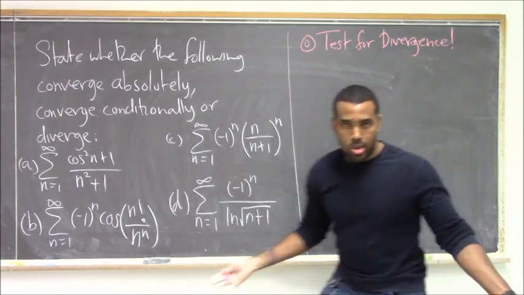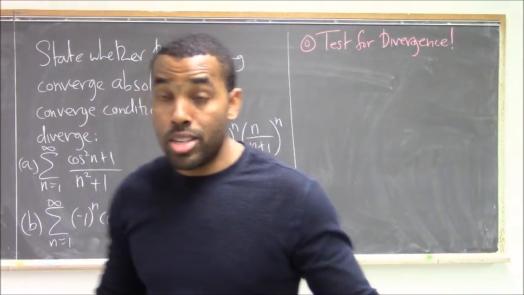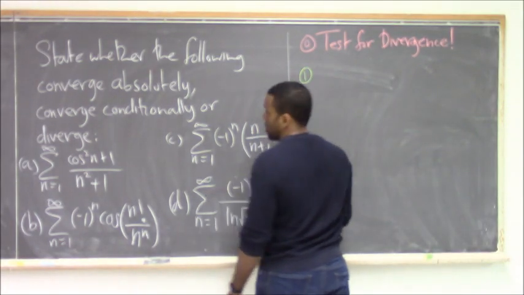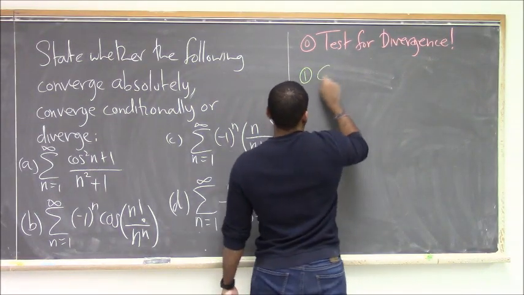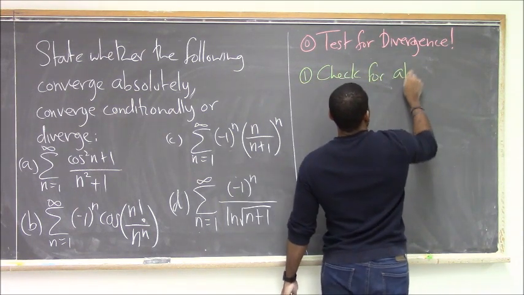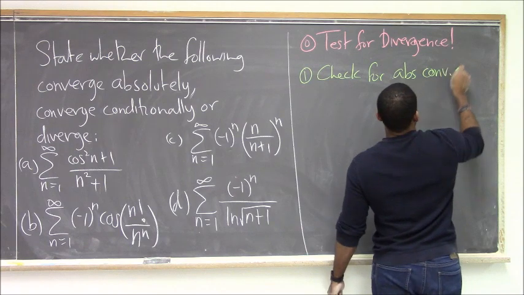That's always how every series problem is going to start. You're going to try a test for divergence first. But then you're going to want to check for absolute convergence first.